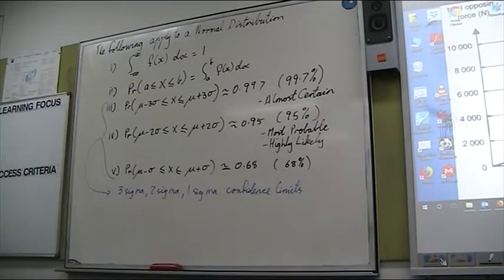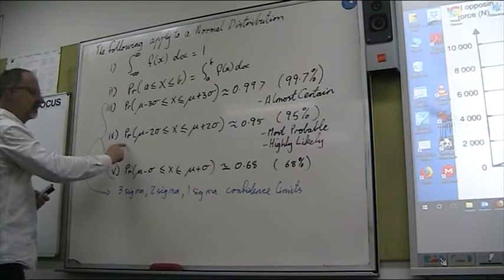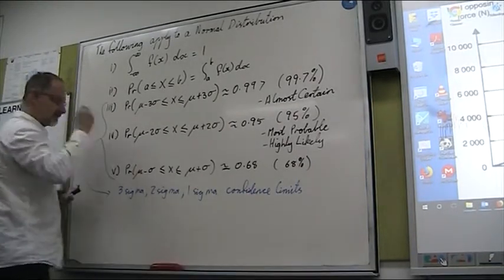All right. So these three things you might see them talked about as the 3 sigma, 2 sigma, 1 sigma confidence limit. So if you read a question that says with 2 sigma confidence, that means you're looking at this one here.